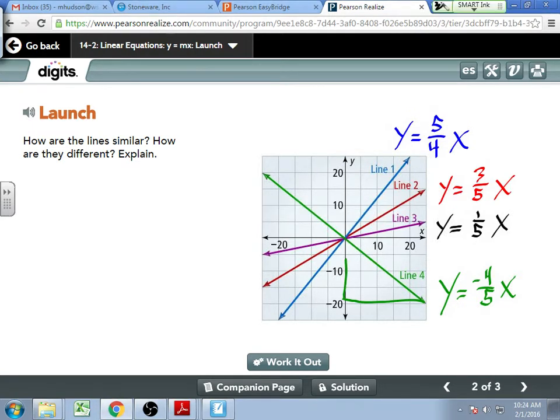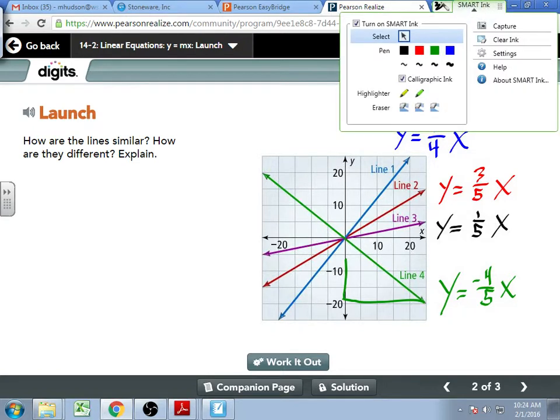So each of them has a unique slope. Now notice that 3 of them are from the left to right increasing. If from the left to right we are decreasing, that makes my slope negative. So if you see that from the left to right you're decreasing, you automatically know your slope has to be negative.